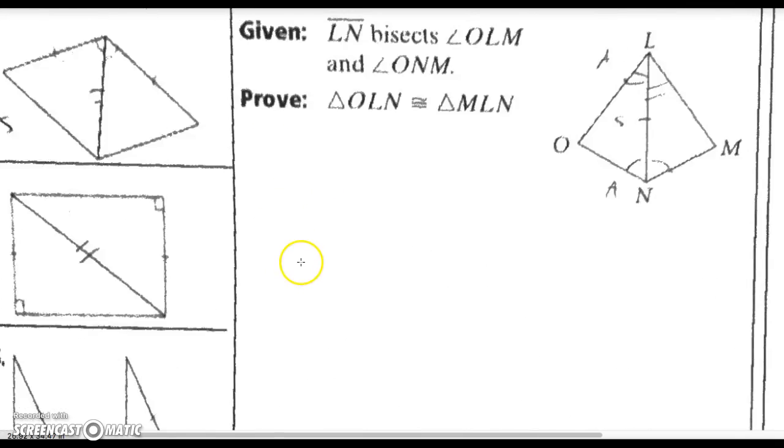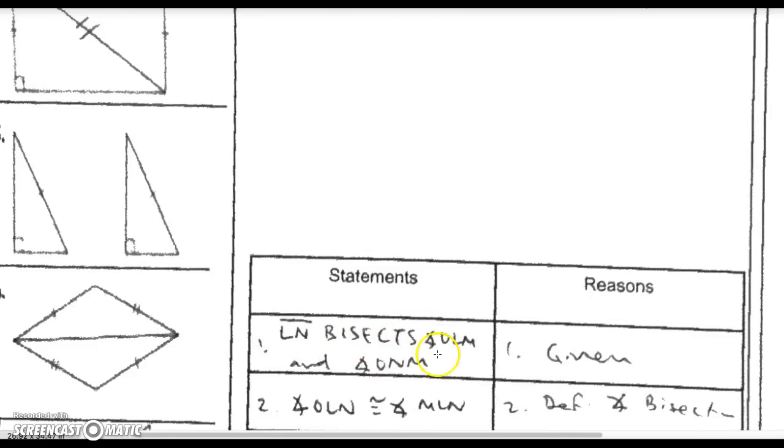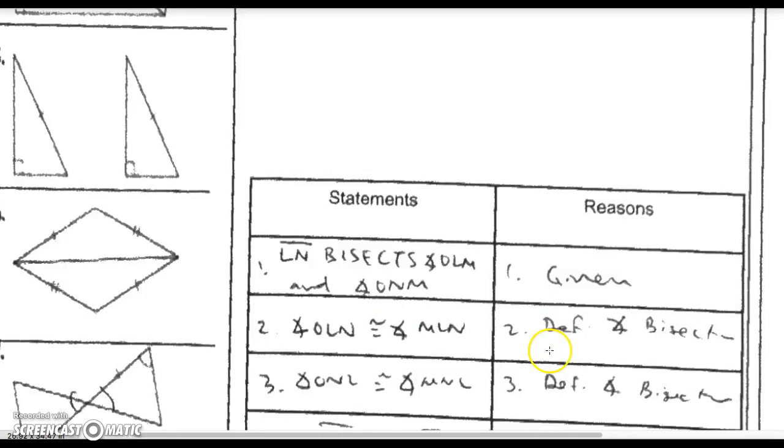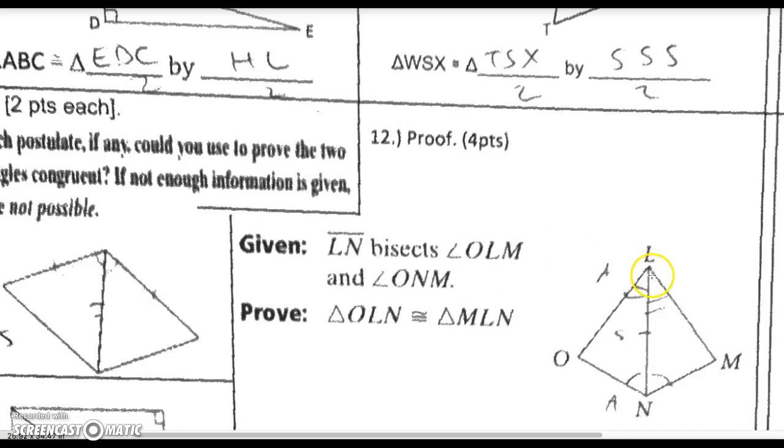So you just copy all that given information here. LN bisects angle OLM and angle ONM, that's given. Number 2, I'm going to name those angles. Remember, you can't call this angle L, it's kind of ambiguous. So you have to use 3 letters, OLN and MLN.